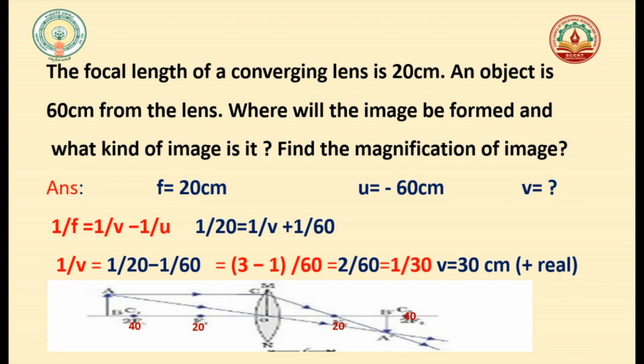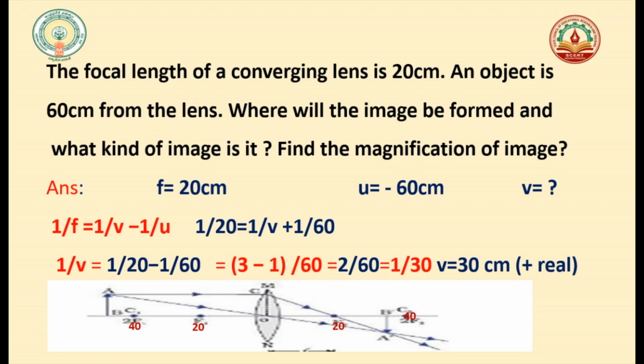So the image distance should be between 20 centimeters and 40 centimeters, and that is a real, diminished image.